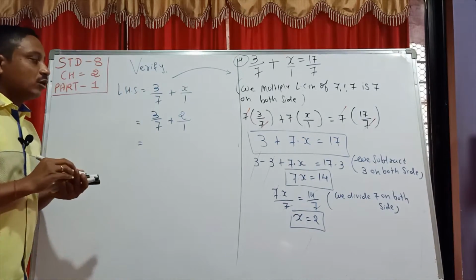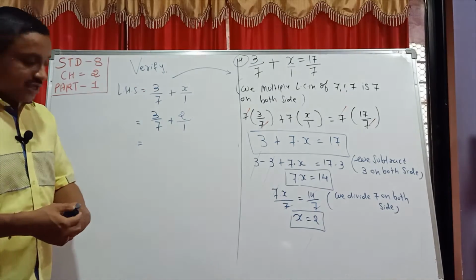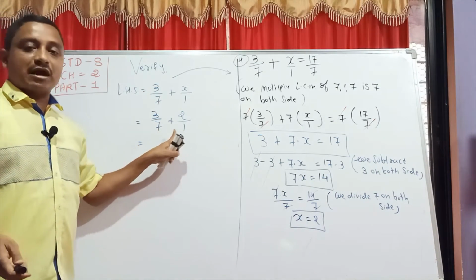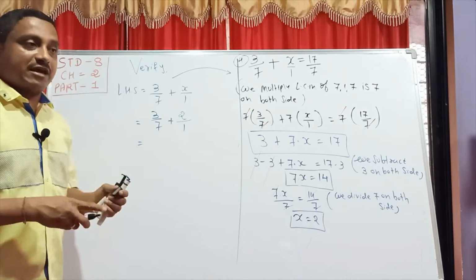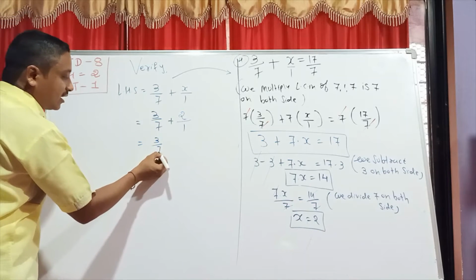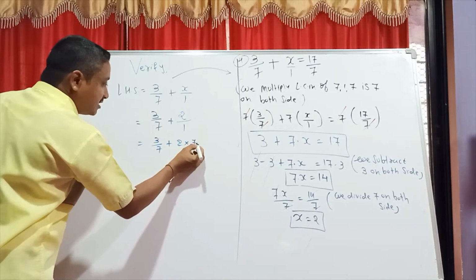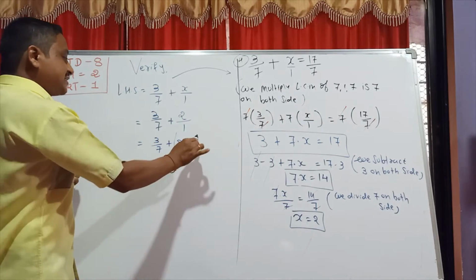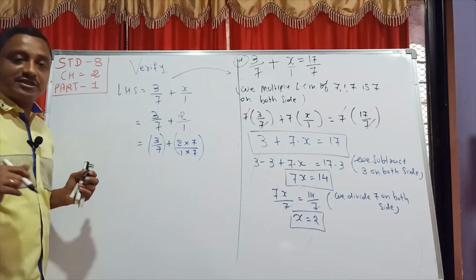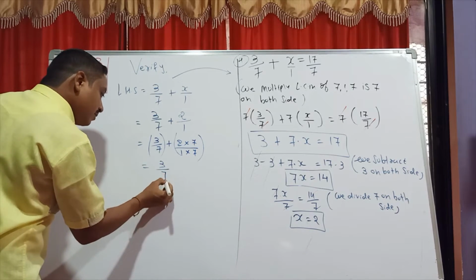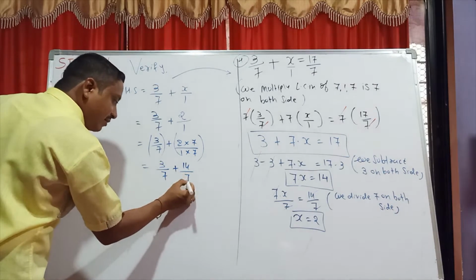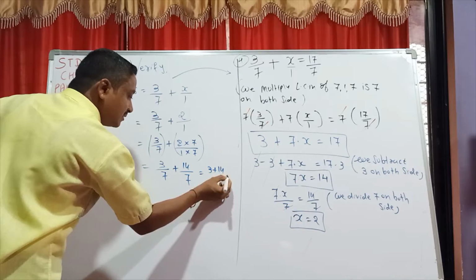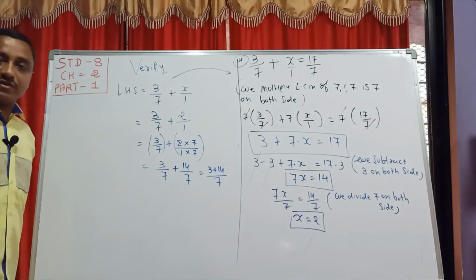Now, what is the LCM? Yes students, LCM of 7 and 1 is 7. That's why here I multiply 7 extra on the upper and lower sides, so that this LCM and that LCM become the same. So 3 by 7 plus 14 by 7. Very easy. Take out both 7 and 7, LCM same.